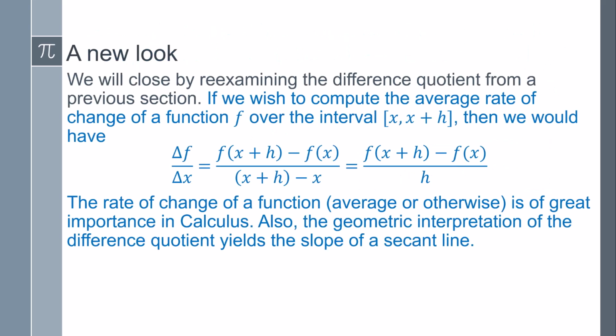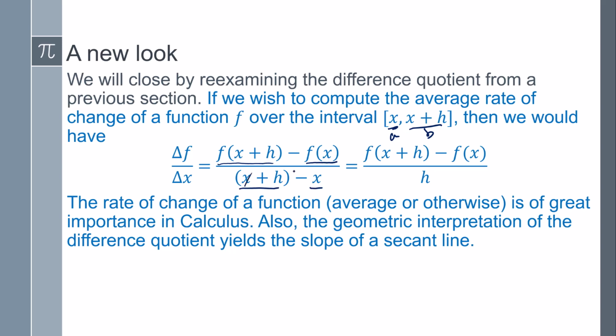Now we're going to close this lesson by re-examining the difference quotient. Remember the f(x plus h) minus f(x) all over h. The way that it's created is actually using the average rate of change over the interval x and x plus h. So if this was my a and this is my b, here's f(b) minus f(a) over b minus a.